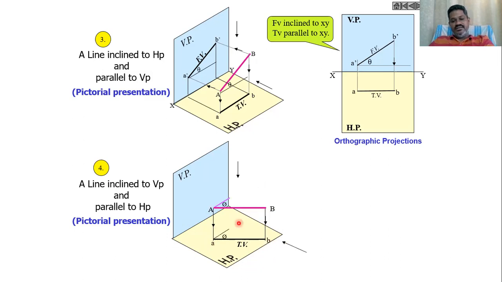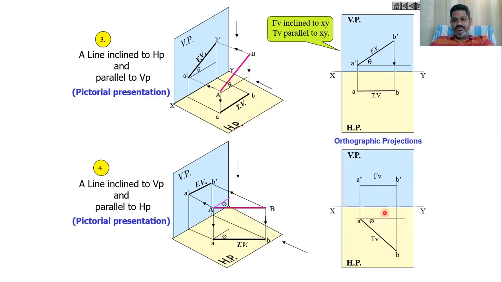Similarly, the front view will be projected onto the vertical plane, and the ends of this line will be indicated as A dash and B dash. So this will become the front view and this will become the top view. With respect to the XY line, first we have to draw the top view in this case.